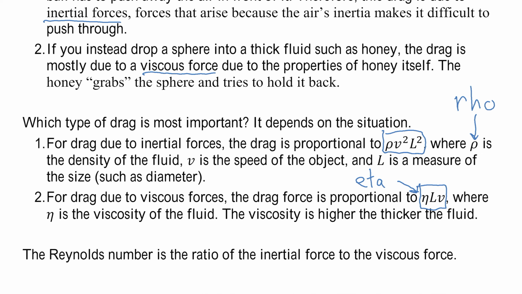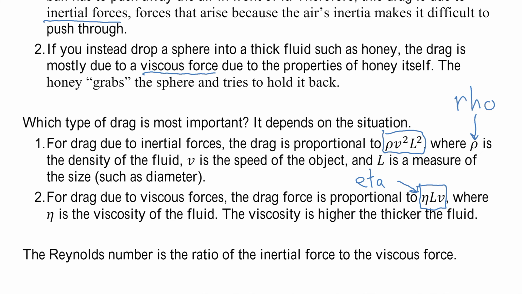And then V is the velocity of the object. So the viscosity is higher in a thicker fluid. So something like water would have a lower viscosity. Something like honey would have a higher viscosity. Obviously, molasses, same thing, okay? So the higher the viscosity, the thicker the fluid.